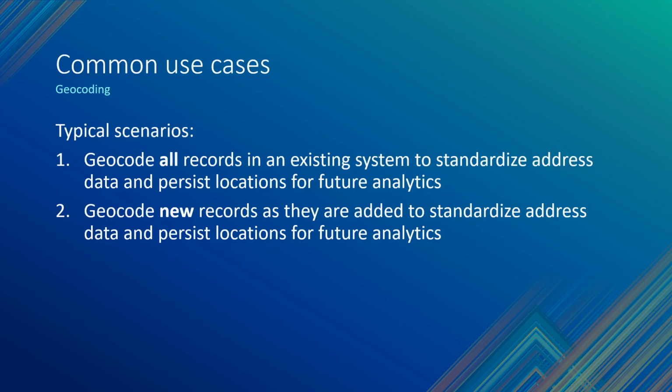So storing them inside of your system. And additionally, as new records come in, making sure that those records are then following that standardized process of the addresses that get pushed in. So making sure that geocoding those records against our service that can then be, again, persisted for future analytics.